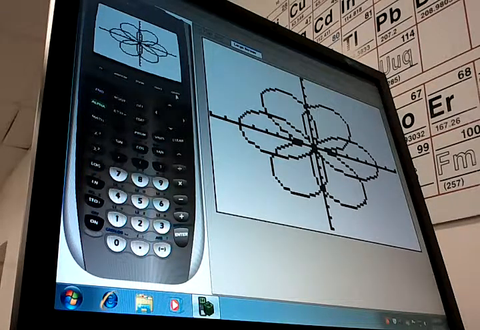So I've got cosine of 3 theta over 2. I want to know when that is equal to cosine of 3 theta over 2 with a theta plus 2n pi plugged in.